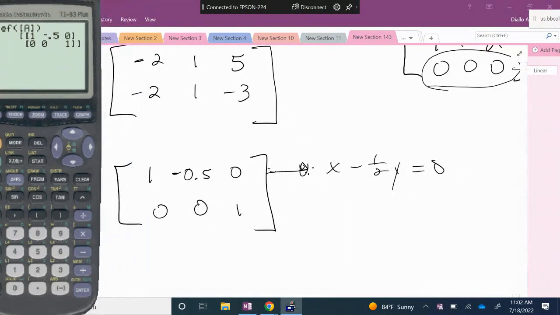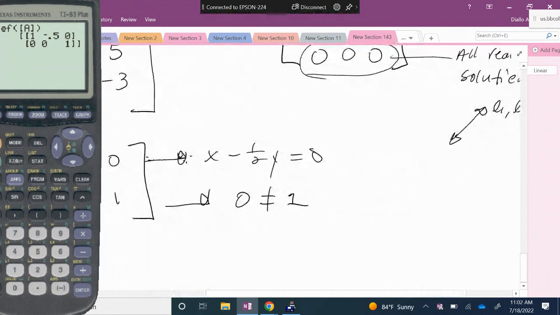This has a last row of 0, 0, 1. So this last row is actually like 0 is equal to 1, because 0x plus 0y technically is 0, and I said equal to 1. 0 can never be equal to 1, so this is a no solution or inconsistent solution.